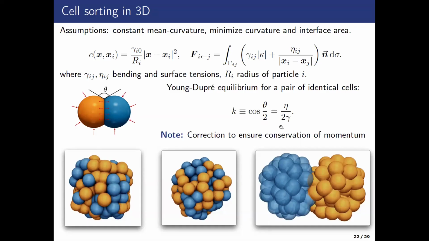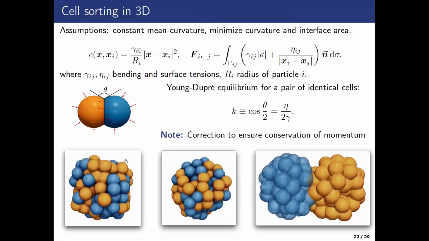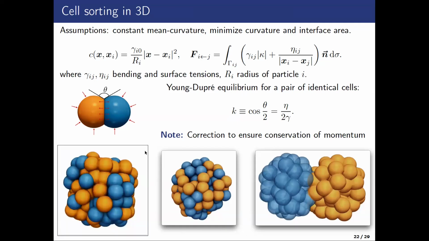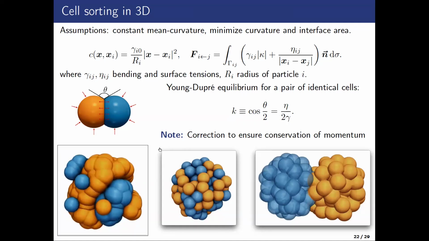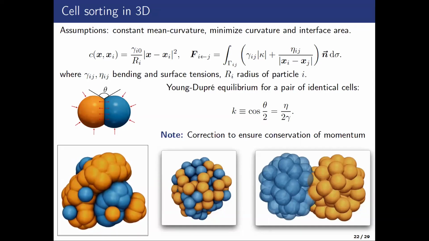And with this simulation, we want basically to reproduce this kind of patterns with engulfment, sorting, and partial engulfment. So sorting is easy, right? You just need to say that the orange particles want to be together, the blue together, and they don't like each other. And so to be clear, you are choosing what is a gamma orange. Yes, yes. Yeah, sorry, I should say. Thank you.